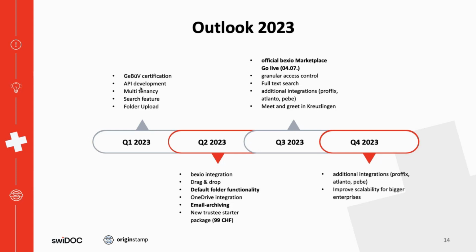Then we really want to go towards other integration providers, other accounting software providers like Profix, Atlanto, PB, to make the user base bigger, and also host a meet and greet for our partners here in Kreuzlingen to discuss the challenges they have and the experience they have using swiDOC as a tool itself.